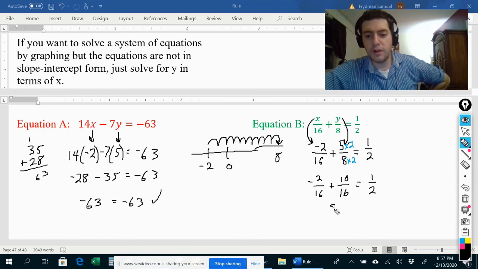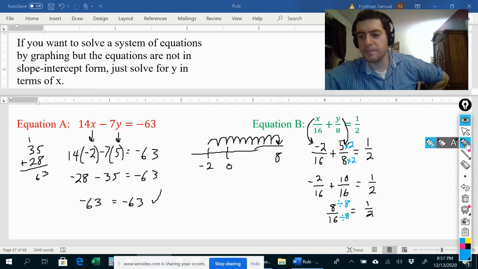So I'm going to get over here 8 over 16 equals 1/2. Is that a true statement? Yes, because I can reduce this. I can divide this and this by 8. Okay, that's a factor of both of them. And then so finally I have here 8 divided by 8 is 1, 16 divided by 8 is 2. So I get 1/2 equals 1/2.